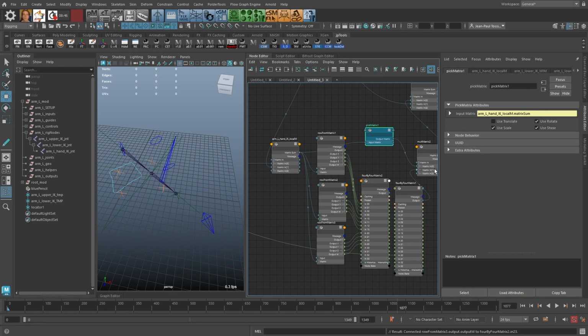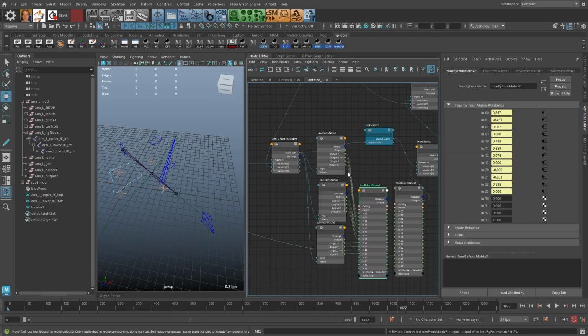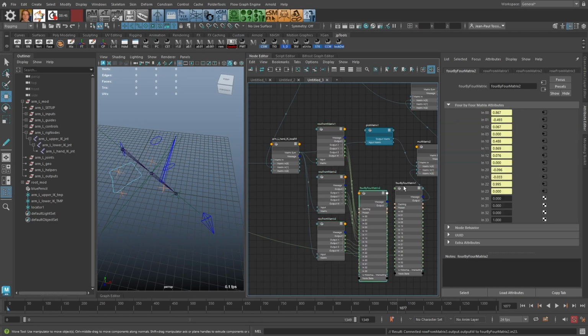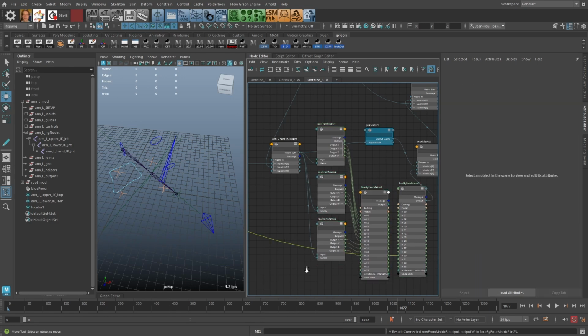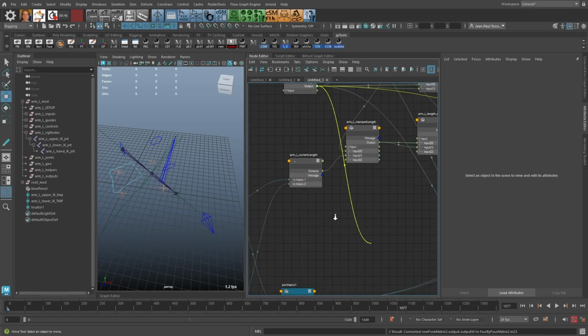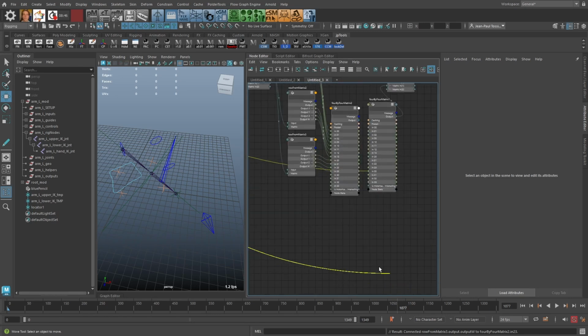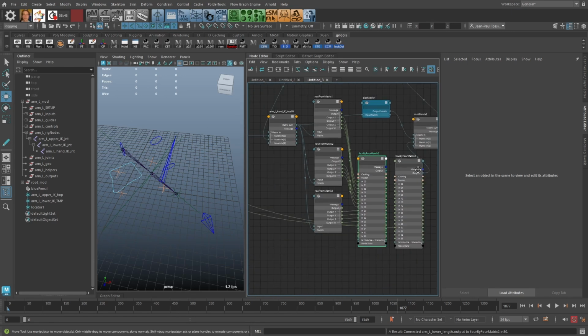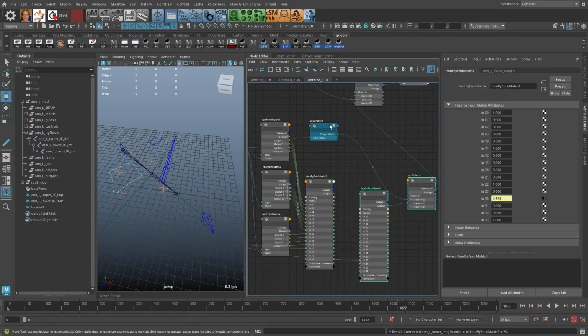So in this case, I like this setup better. It takes a little bit more nodes, but I think in the end it's still quicker, because now we can directly take the translation as well, the lower length, and plug it into the translate x, and now we have created this.